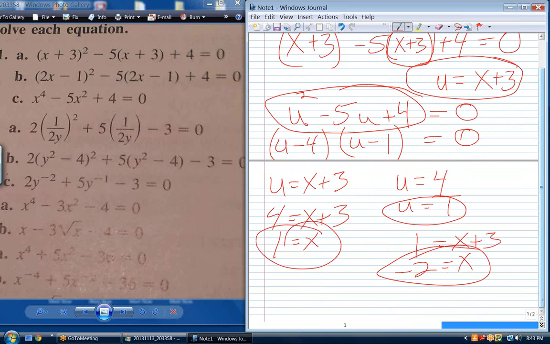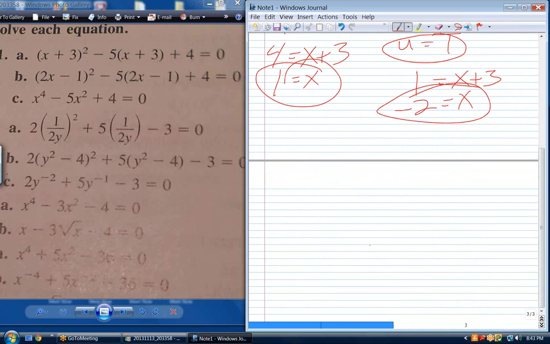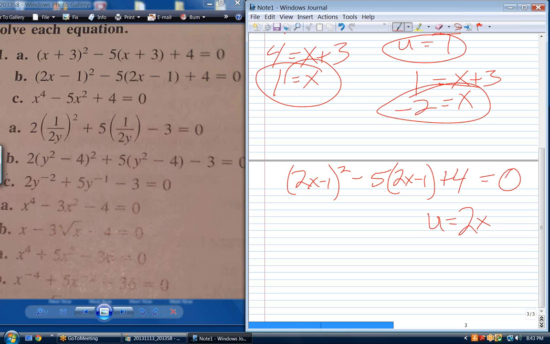Okay. So in the next problem, where we have... You could do u equals 2x minus 1. That's the secret. And then what? What's our equation in u?